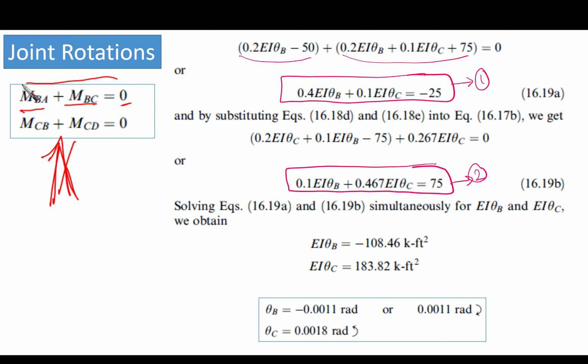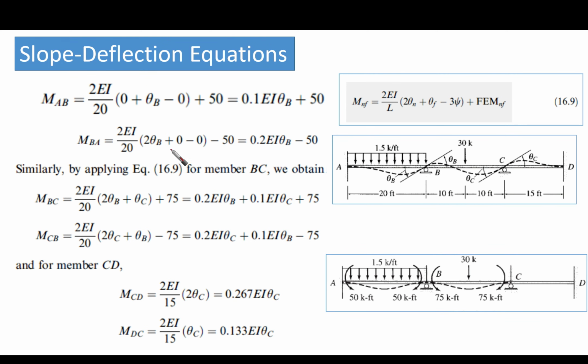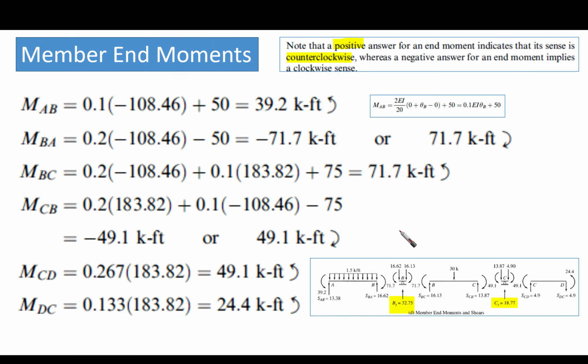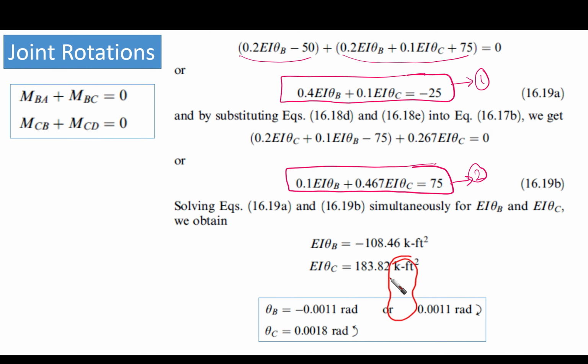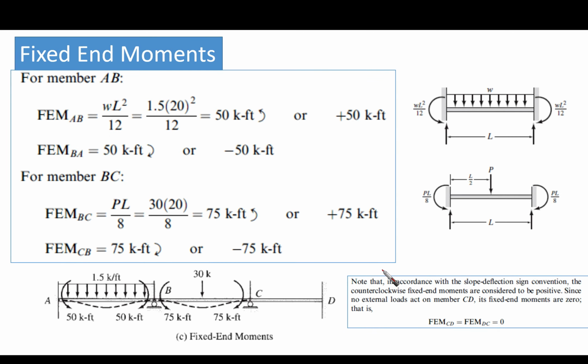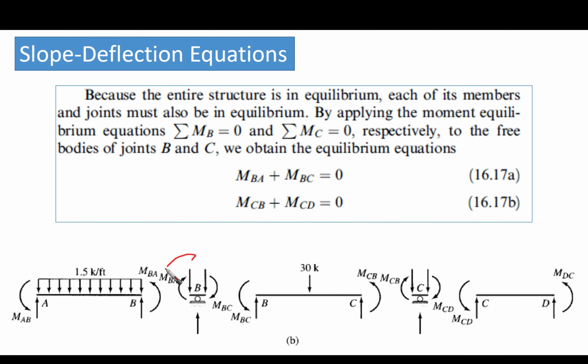This is from the equilibrium of the free body diagram of joint B, and the other equation is from the equilibrium of the free body diagram of point C. Remember that we are talking about point B. Here is our free body diagram of the joint.